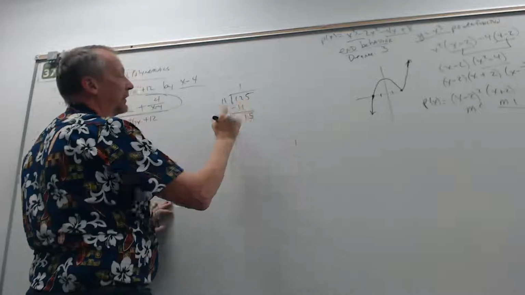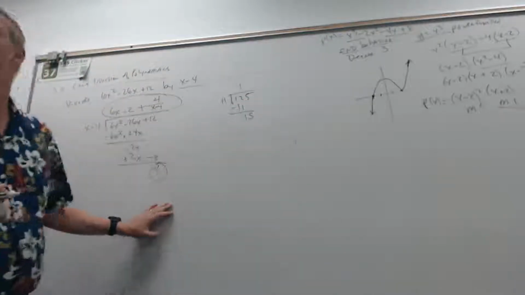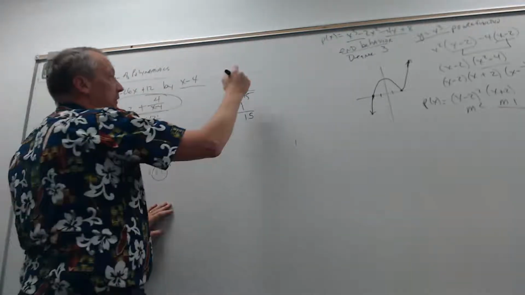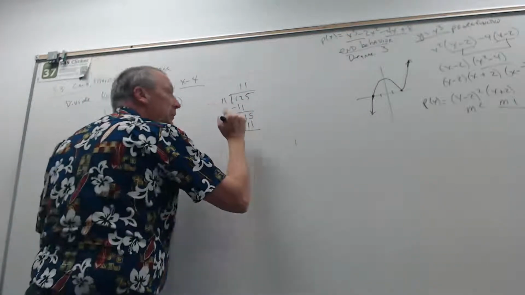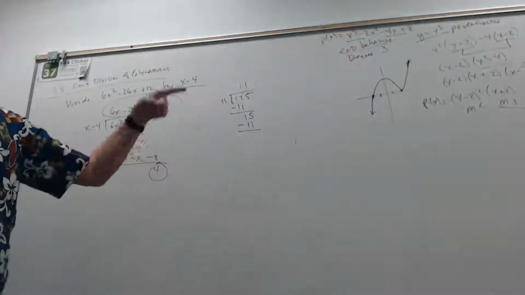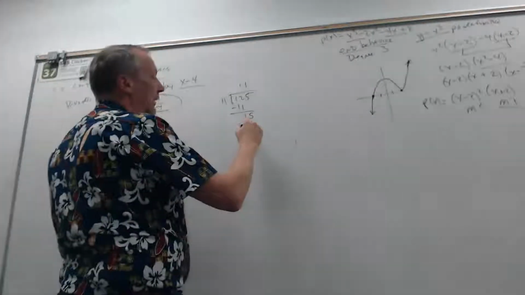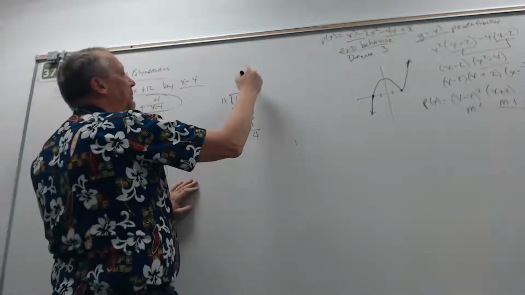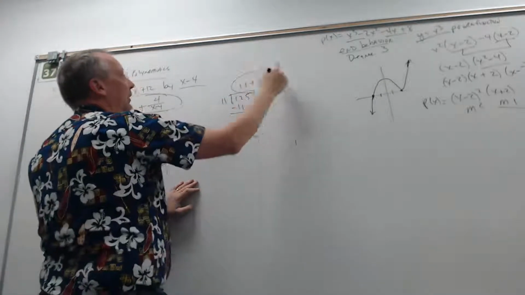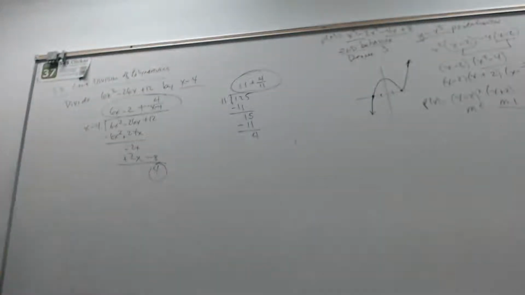Bring down the 5. Does 11 go into 15? Yes, it goes in one time. 1 times 11 is 11. I'm going to subtract. 15 minus 11 is 4. Does 11 go into 4? No, that's my remainder, plus 4 elevenths. Oh. Okay, so it works the exact same way.